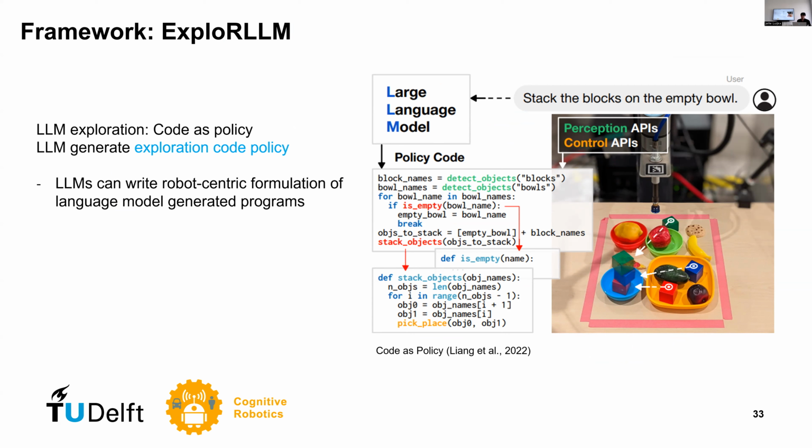They demonstrate that a large language model can write robot-centric formulations of language model generated programs. We also use it as our exploration: before the training, we let the large language model generate Python code. And when we are training and need to do large language model based exploration, we execute that Python code.